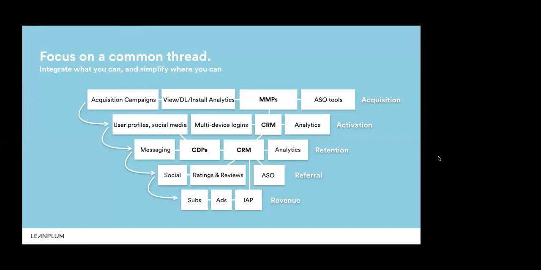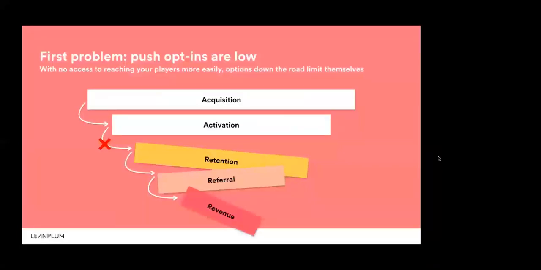Now, if we focus on 3 tricks, which was the core of this webinar, we can also focus first on the problems that they're meant to solve. The first problem would be, if you look at opting into push, it is typically quite low. Not a lot of people opt into push, and that's partly a problem of how people are asked to opt into push notifications.